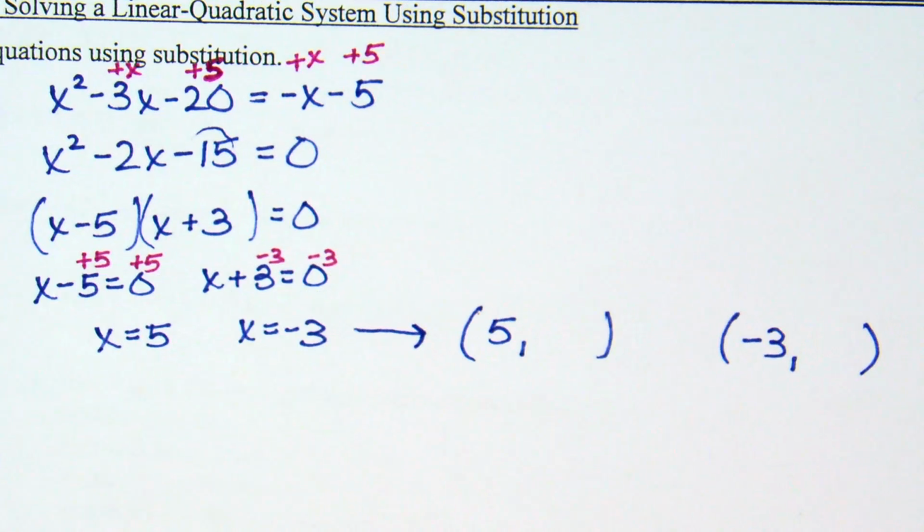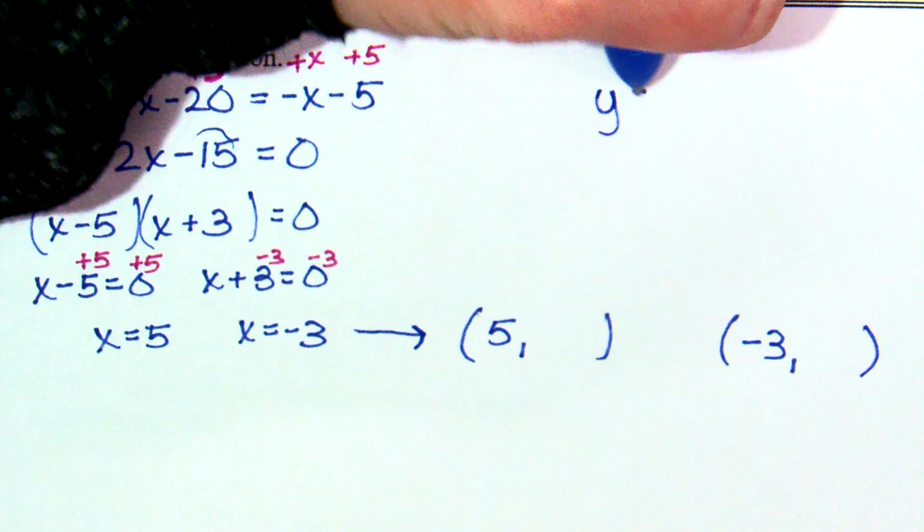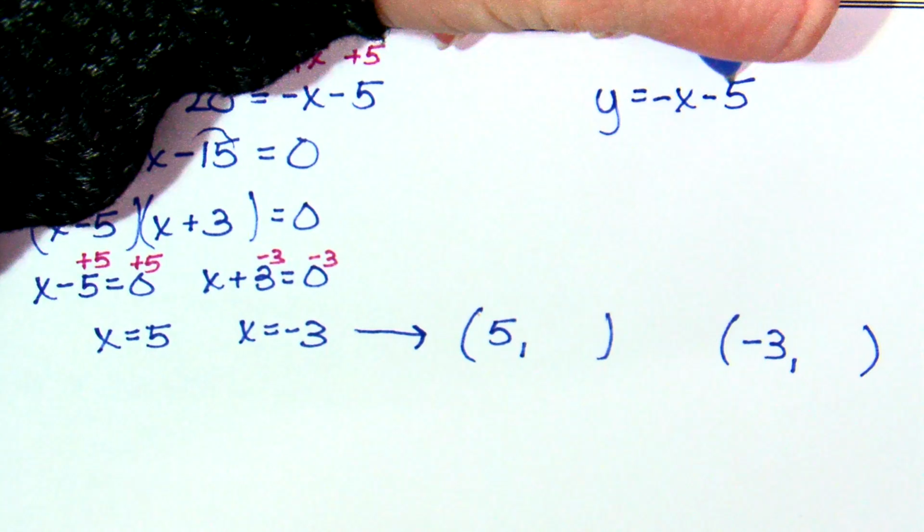How do I find my somethings? Plug in those x values where? One of your original equations. So go back to your y equals equations. Which original equation looks easier to you guys? I so agree that I would use the y equals negative x minus 5.